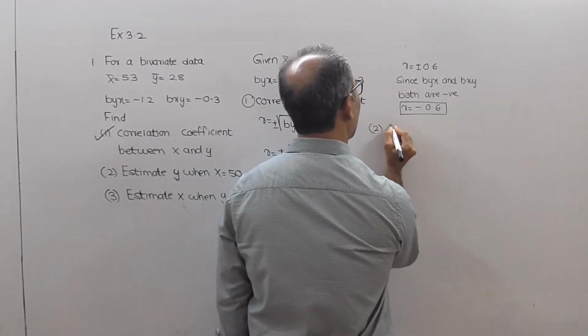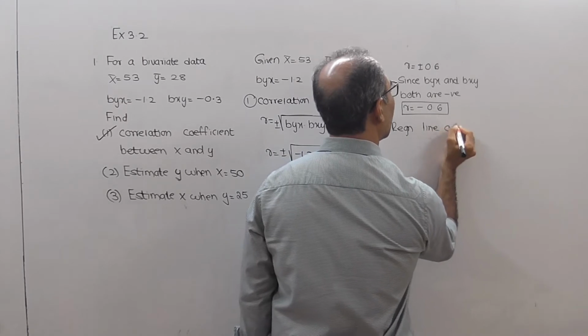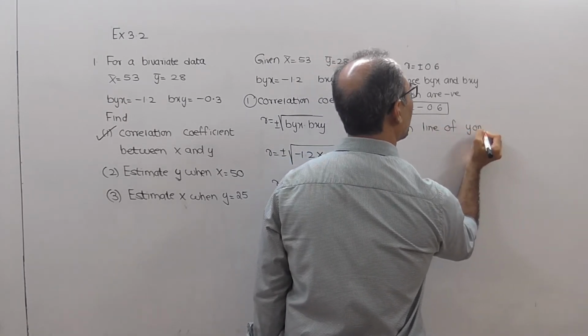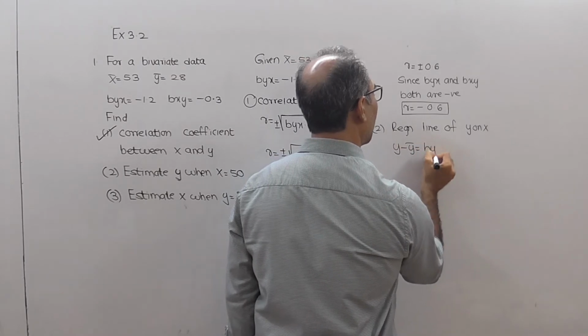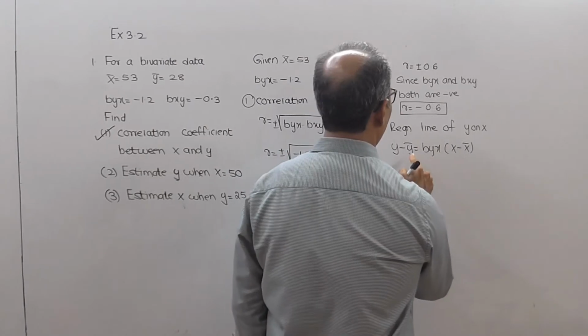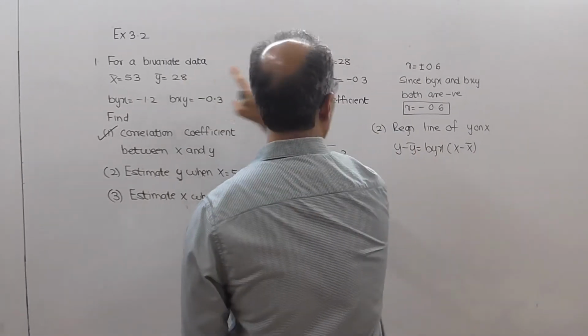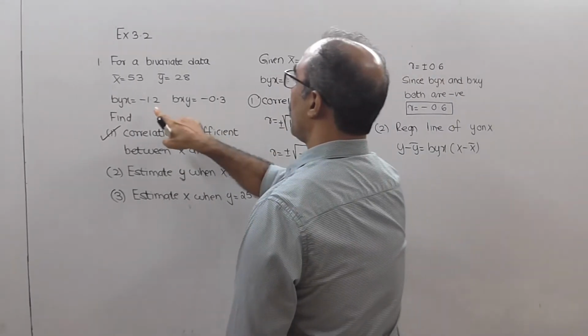Second part, I want to find the value of y. So I will go for the regression line of y on x, which is y minus y bar equal to byx into x minus x bar. I know the value for y bar, I know the value for x bar, and I know the value for byx.